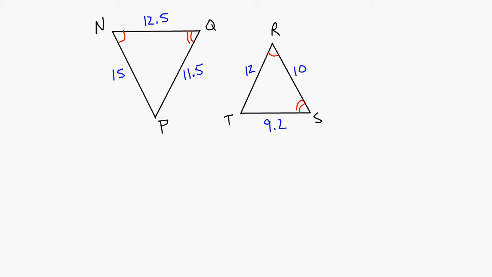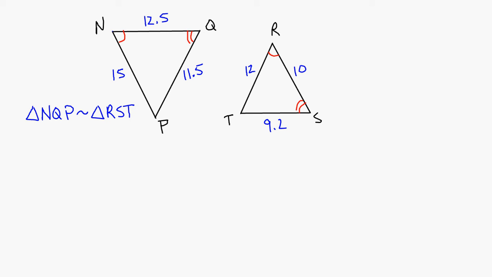So what do you want to call the triangle on the left? Triangle NQP, easy enough. Triangle NQP is similar to triangle. If you called this one NQP, what do you got to call this one? RST. Okay.